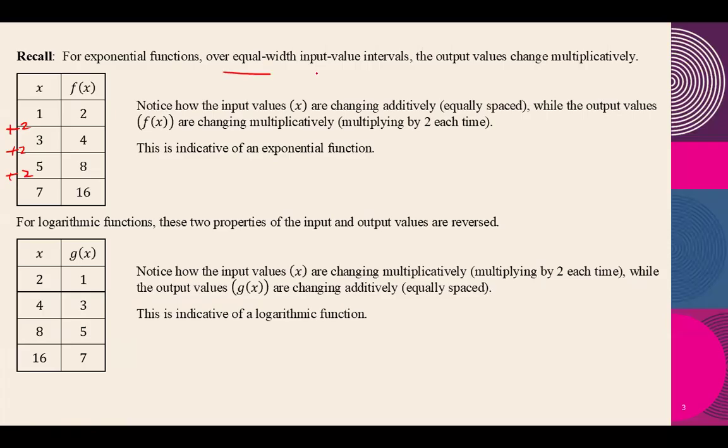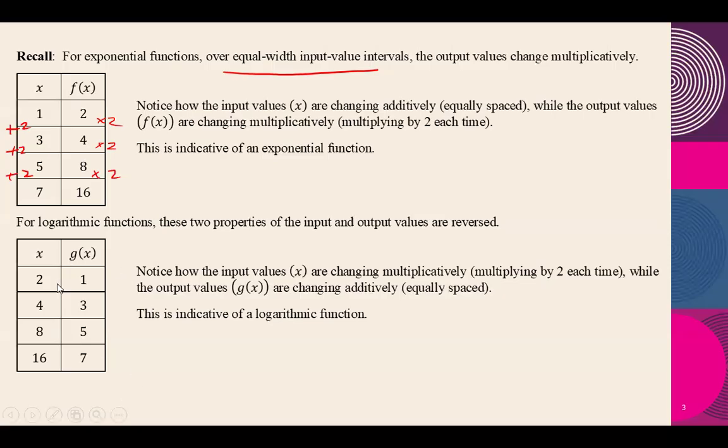That's what it means, equal width input values. And the output values are changed multiplicatively. So I'm multiplying by 2, multiplying by 2, multiplying by 2. That's how I know that this represents an exponential model. Yes? Okay.